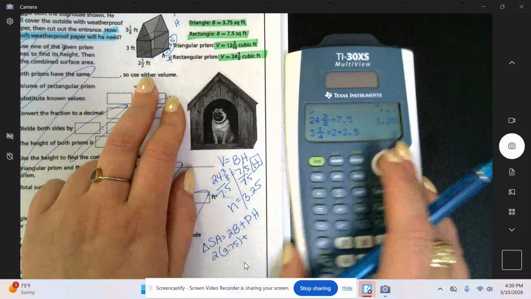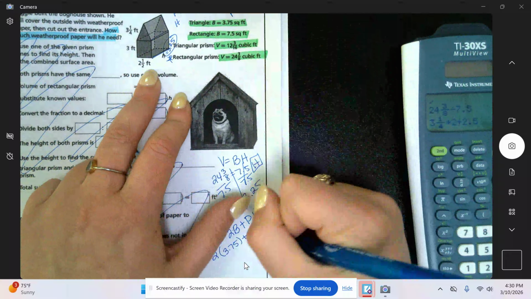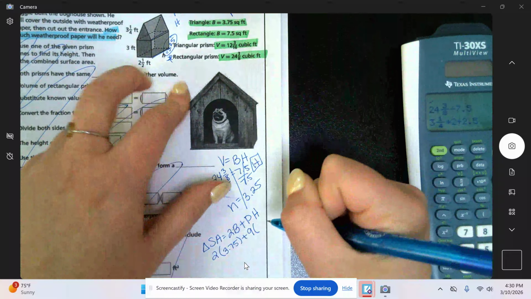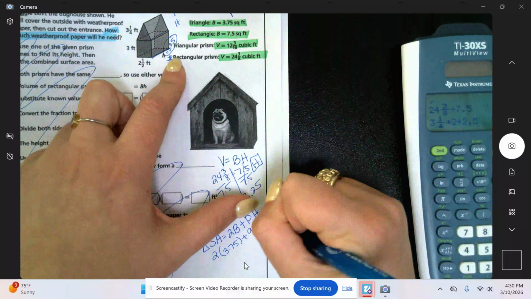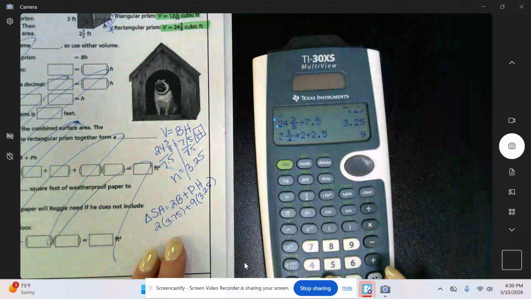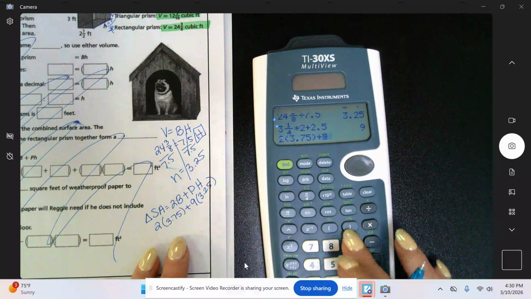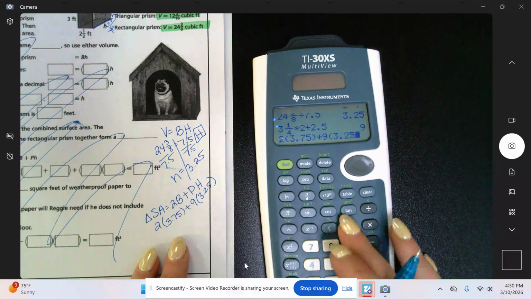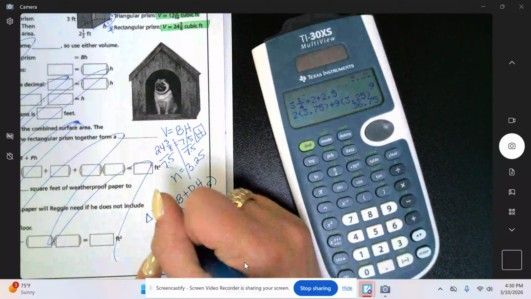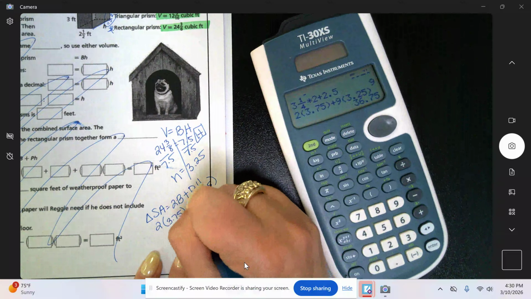That ends up giving me a perimeter of 9. And we know that the height is 3.25. If I put that in my calculator, 2 times 3.75 plus 9 times 3.25 ends up giving me a surface area of 36.75.